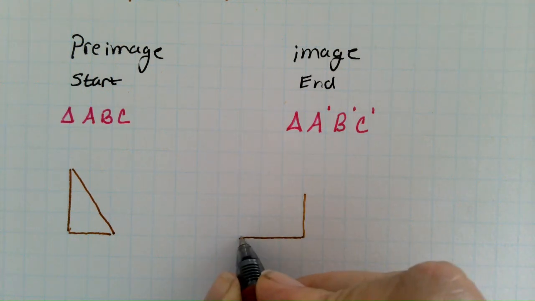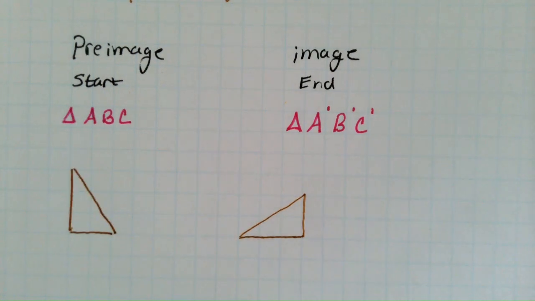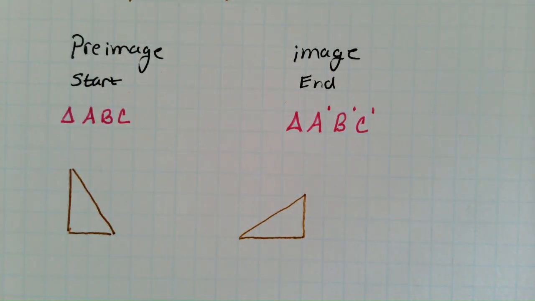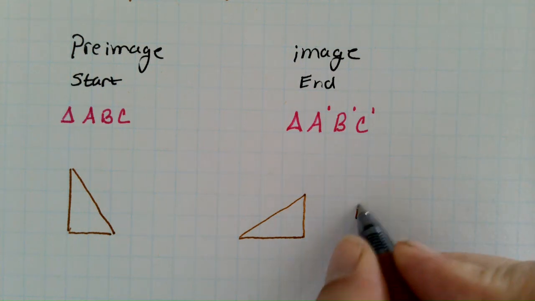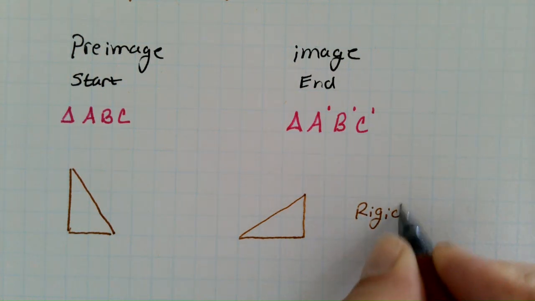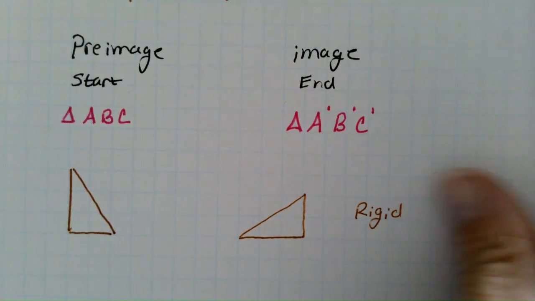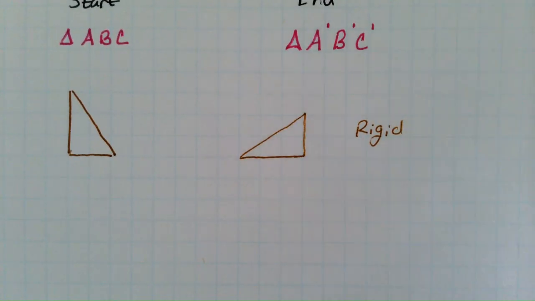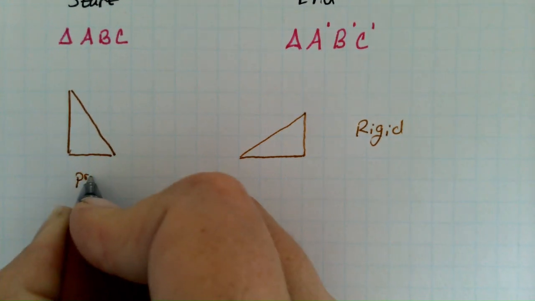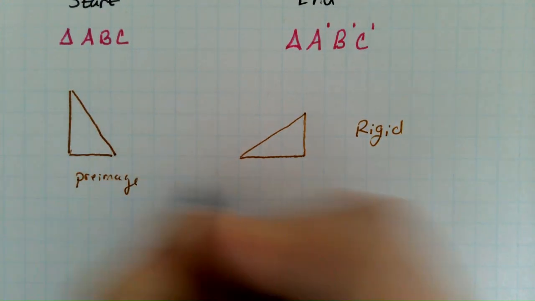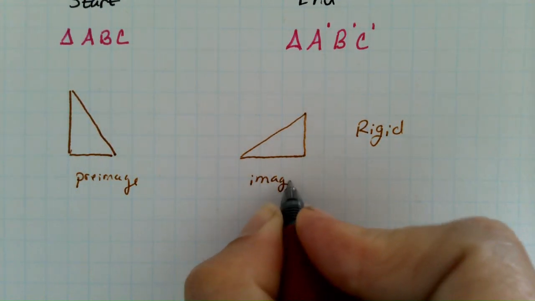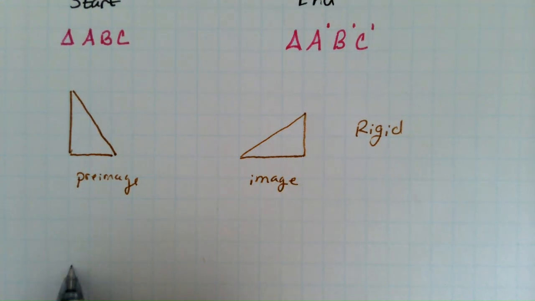I did something besides a reflection, but the legs are the same length. So this is an example of rigidity. Whereas, and remember, this is the pre-image, this is the image. What if I start with the same pre-image?